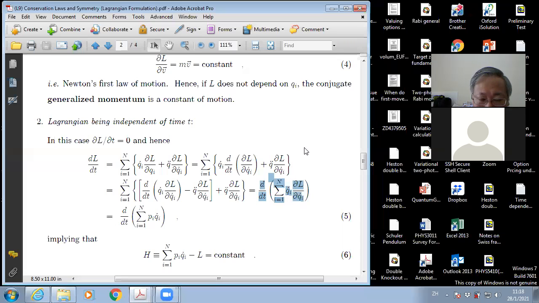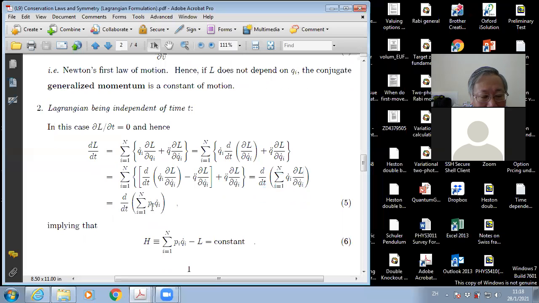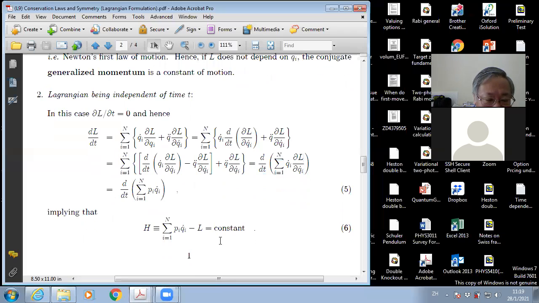And we realize that ∂L/∂q̇i is the generalized momentum, pi, all right? If I move the right-hand side to the left-hand side, we realize that the total time derivative of the combined expression, which I called H, must be independent of time.